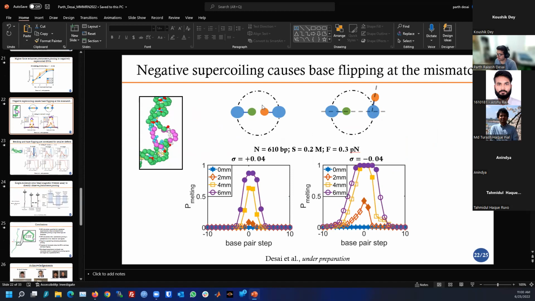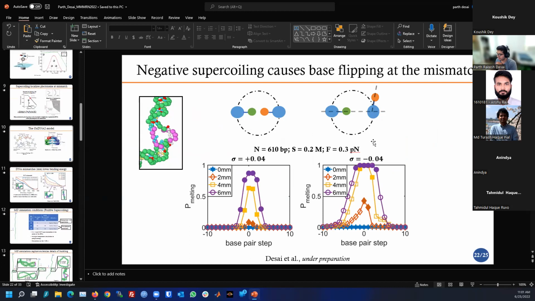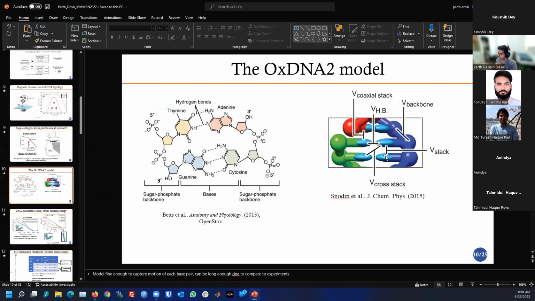If the bases are in line, there's hydrogen bonding that strengthens the structure. The two strands of the DNA duplex are stabilized very significantly by the stacking interaction of the bases, the purine and pyrimidine rings. If you know anything about aromatic rings, they easily stack in a particular configuration.